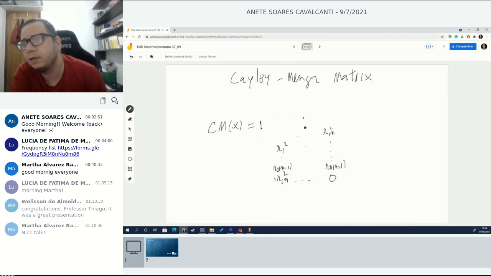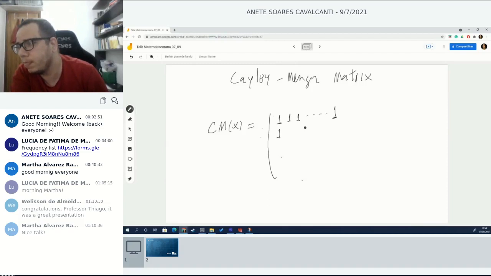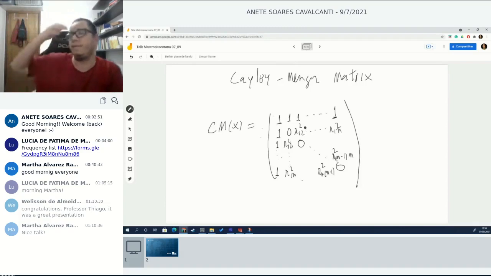Sorry. Then we have, this is the Cayley-Menger matrix for central configuration.